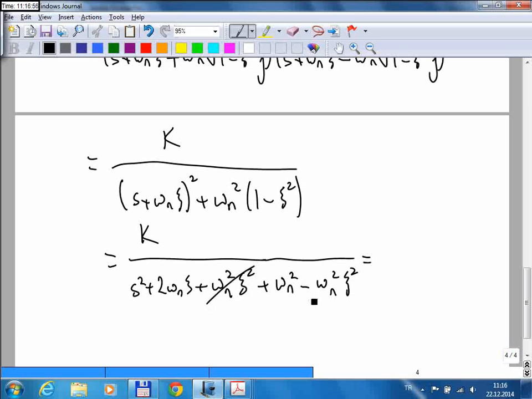So this cancels that, and then we get k divided by s squared plus 2 omega n zeta s plus omega n squared, right?